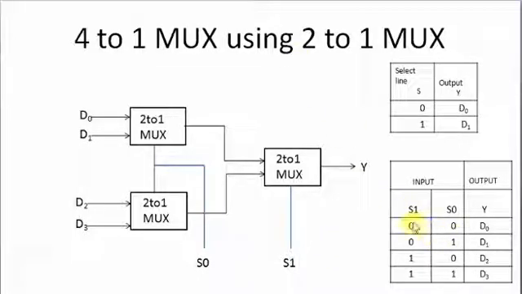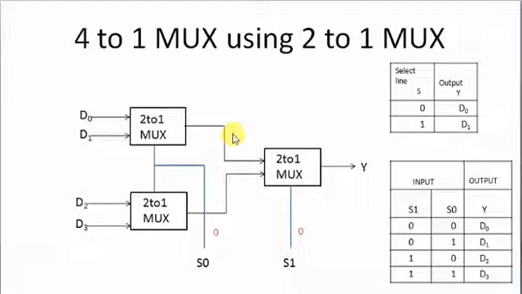So when S1 and S0 both are 0, then for both of these 2x1 MUX the select is 0, so the first input D0 from here and D2 from here will be selected as output.